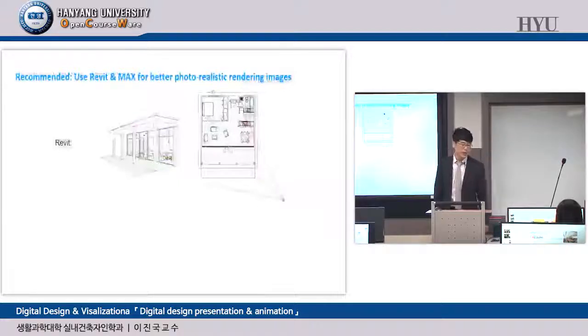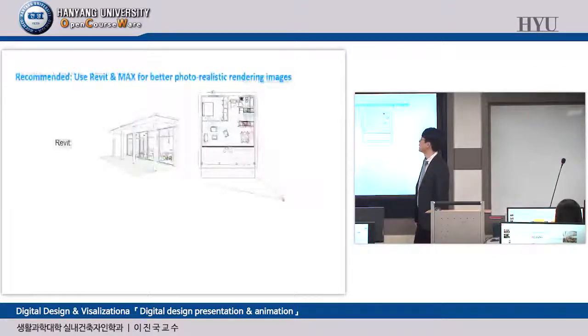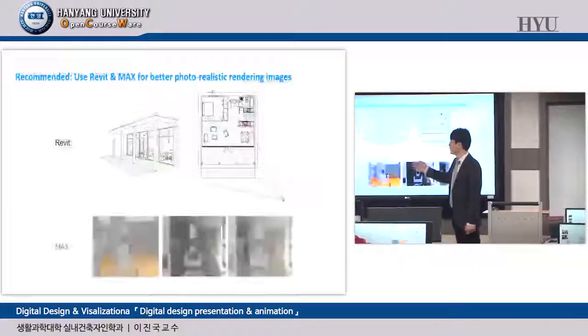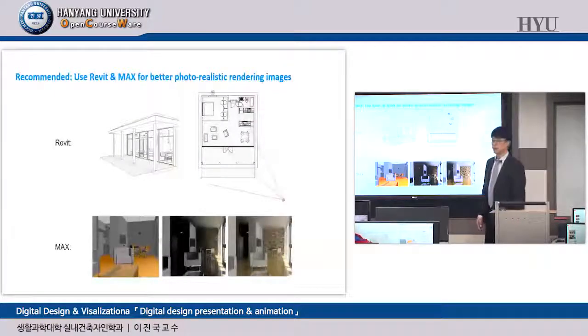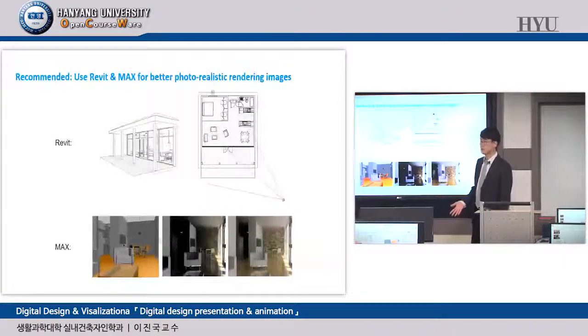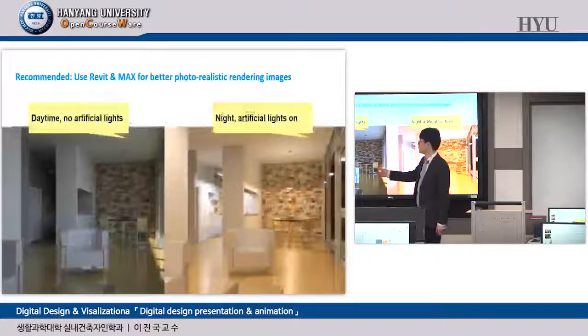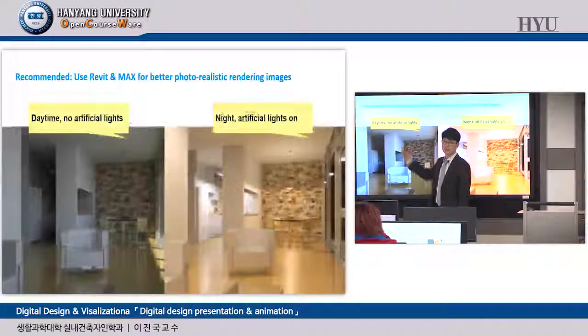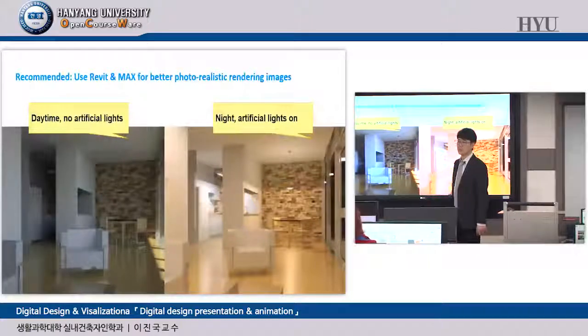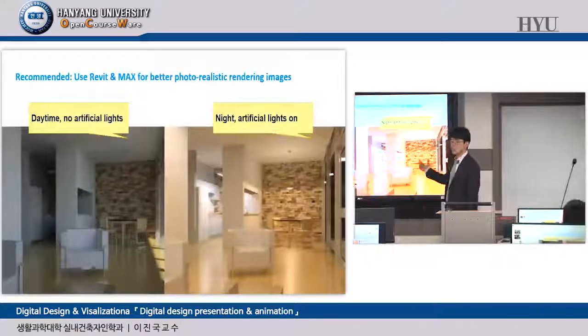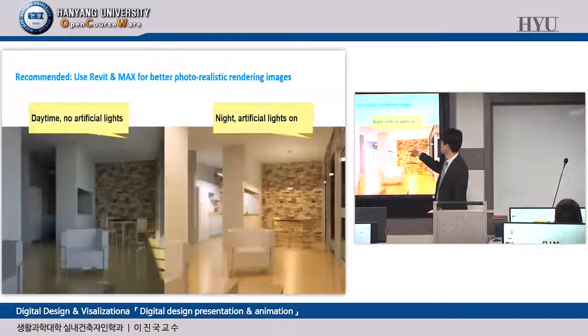And I showed you last time this example. Architecture model in Revit and mental ray photorealistic render visualization in 3D Max. So in daytime render, no artificial lights. You can get this one in 3D Max. If you change your time to night and place some artificial lights, especially on this lighting structure, you can render this one in mental ray.